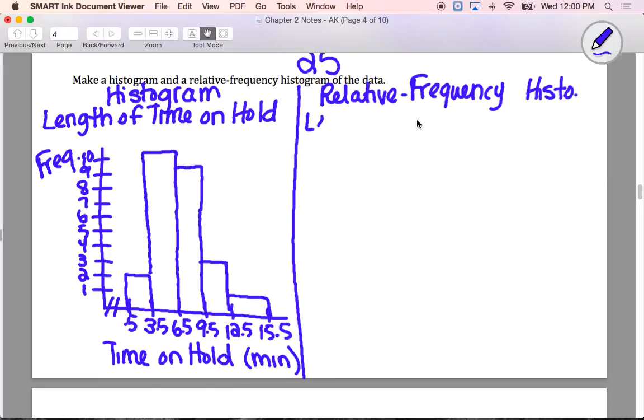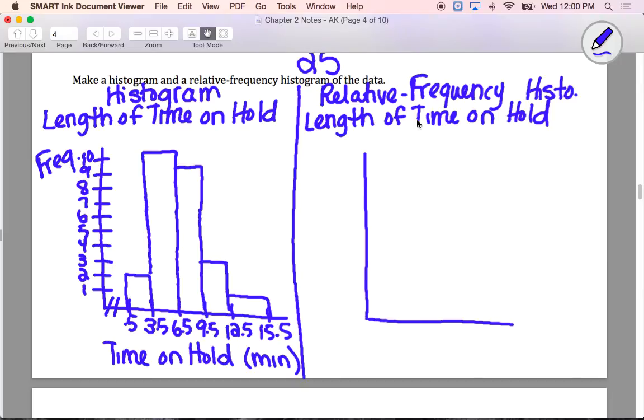And again, length. So now this is going to be the relative frequency. And relative frequency starts at 0.04 and goes to 0.4. Let's see.